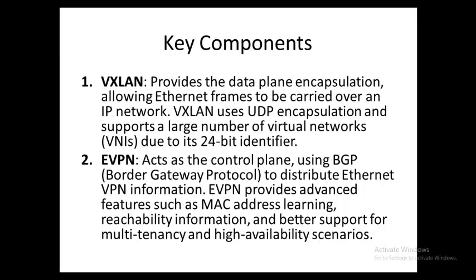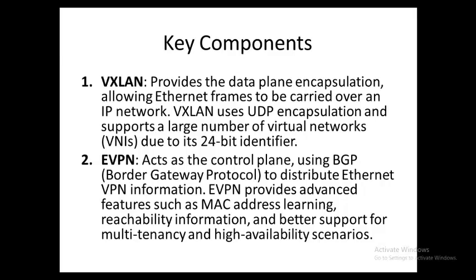EVPN acts as a control plane. As I said earlier, it is one of the BGP features. What does EVPN BGP do? It distributes the Ethernet VPN information. What do I mean by Ethernet VPN information? The IP and MAC address information that is connected to the VXLAN. EVPN provides advanced features such as MAC address learning.